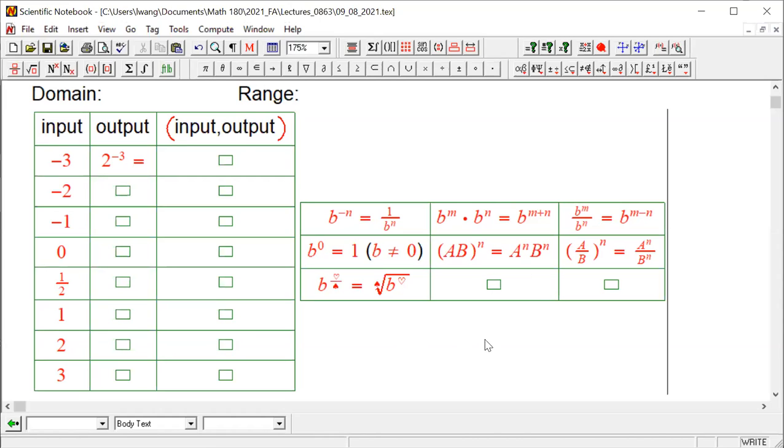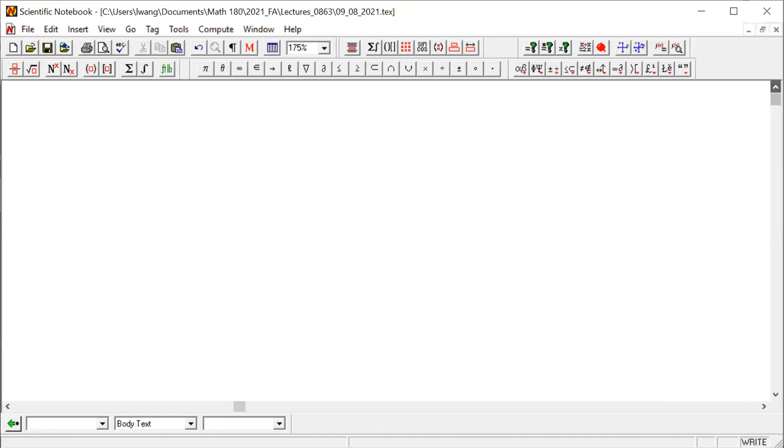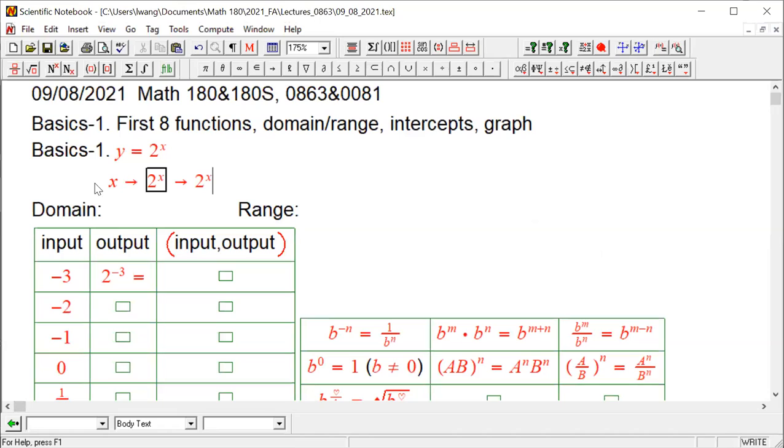So that's it for reviewing powers, right? So let's go back here. Okay, so we are working with this function, this rule, right? And we realized, oops, sorry. What number will be qualified for the power?